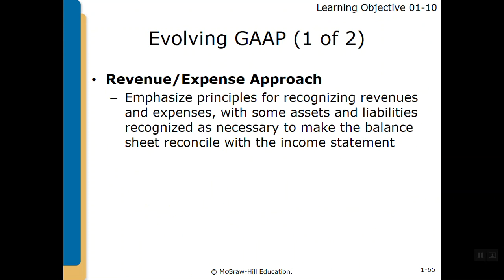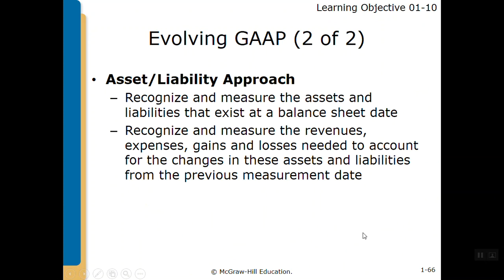All right, and of course, GAAP doesn't stay the same. As we continue to change rules, this revenue expense approach just emphasizes recognizing revenue and expenses along with some assets and liabilities to make the balance sheet reconcile with the income statement. So we want those two, the income statement and the balance sheet, to be in harmony as much as we can.